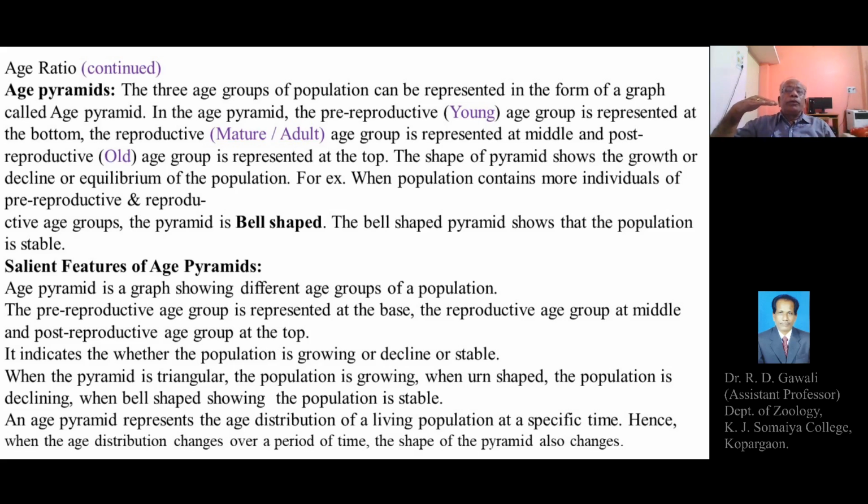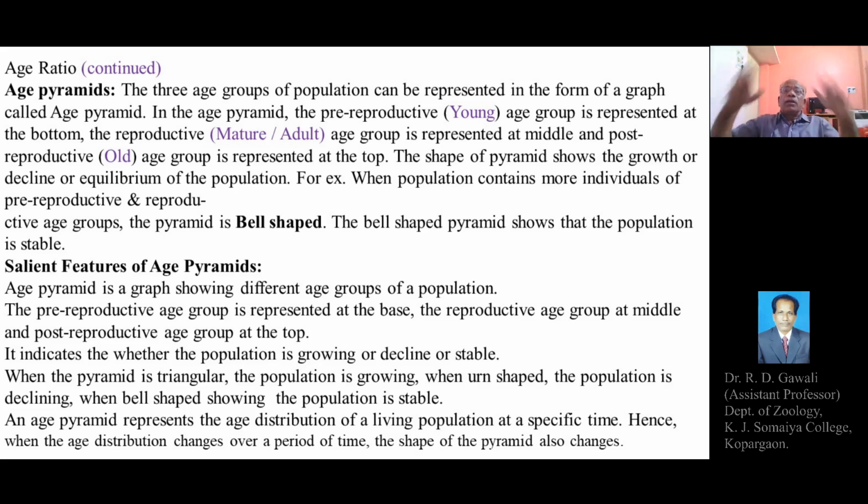The individuals of the reproductive or adult age group are represented in the middle, and the individuals of the post-reproductive or old age group are represented at the top.